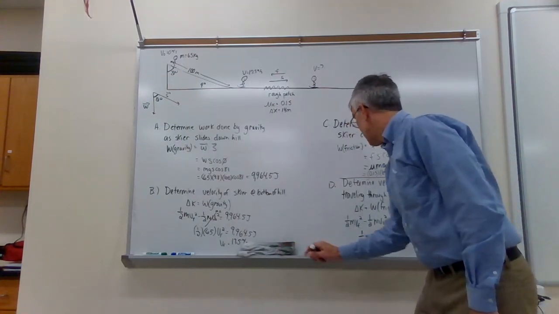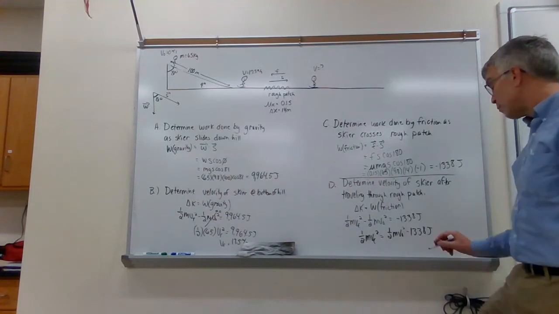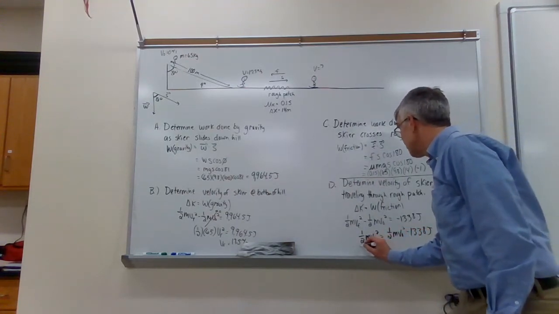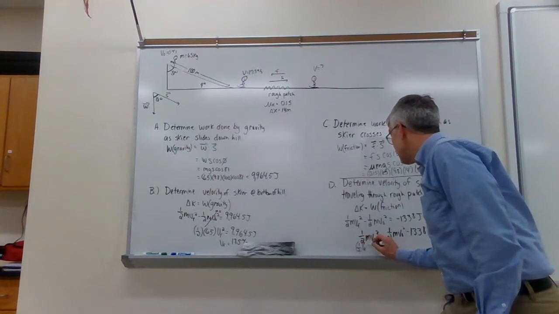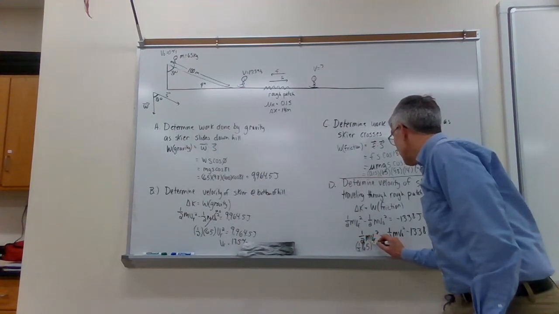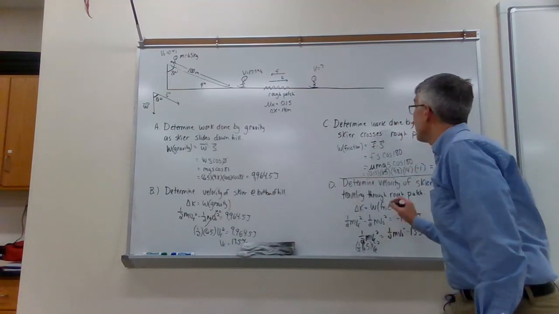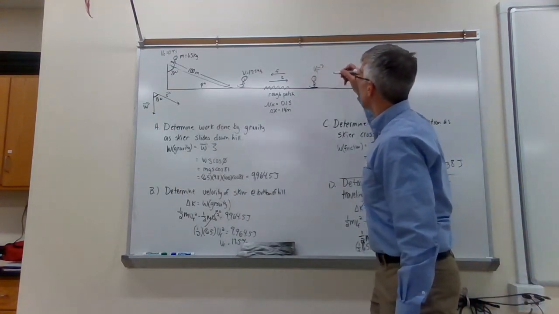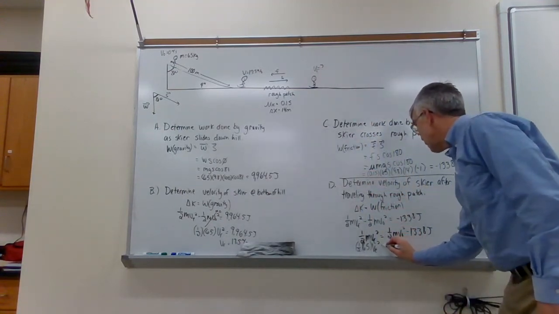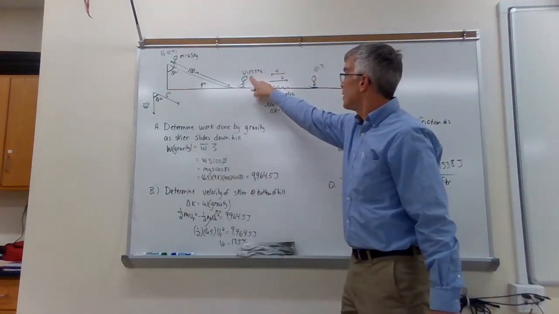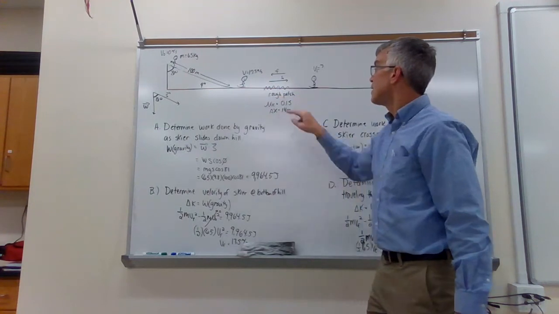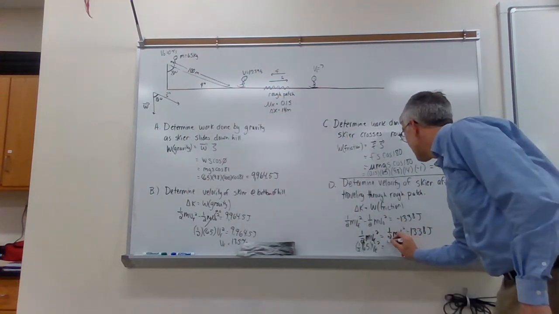I'm running out of room here, but if I plug in what I know, I'm going to do 1/2 times his mass. Now, Vf at this point, we don't know. And in this problem, this 17.5 becomes V0. That's the velocity he has entering the rough patch.